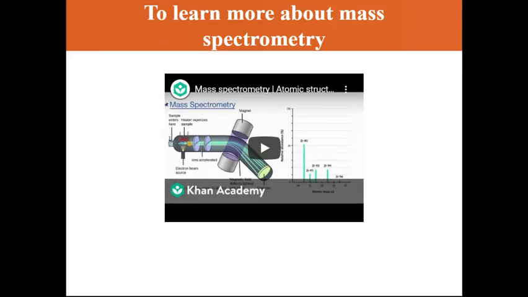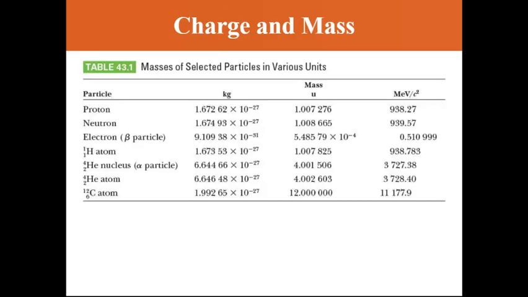Here's a Khan Academy video that talks more about mass spectrometry if you're curious about how you can measure the weights of particles. And here's a table talking about a few elements and the elementary particles as well, comparing their masses. You can see that the electron is very light compared to the nuclides.